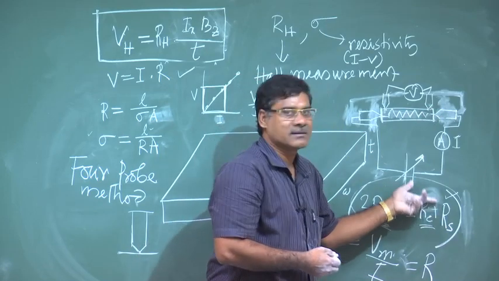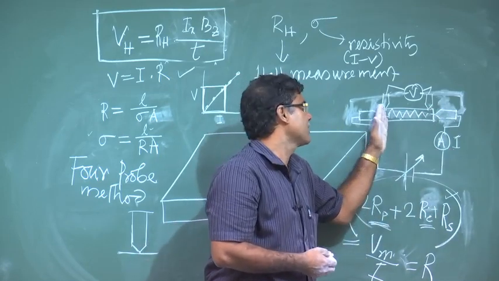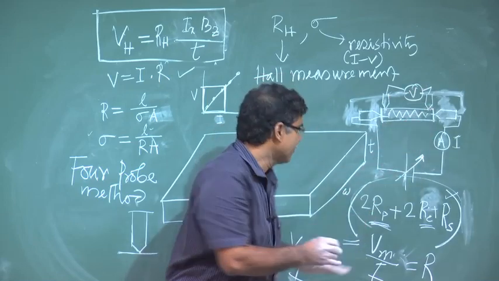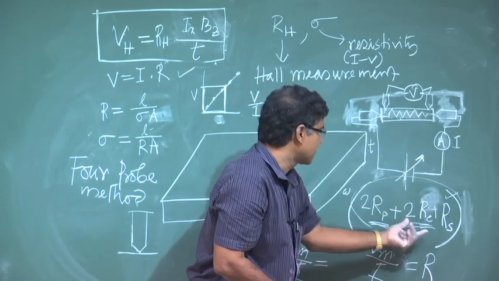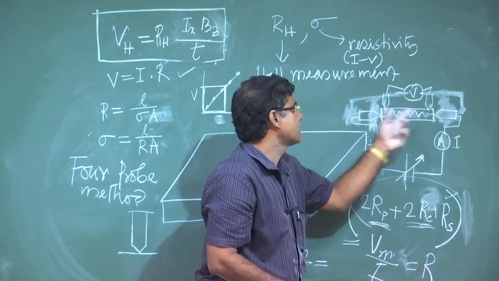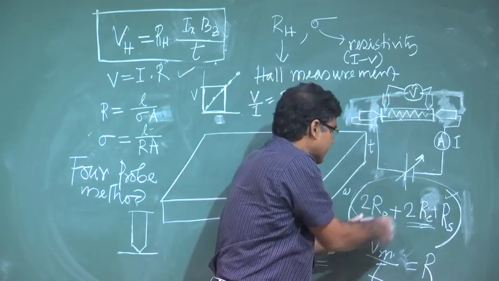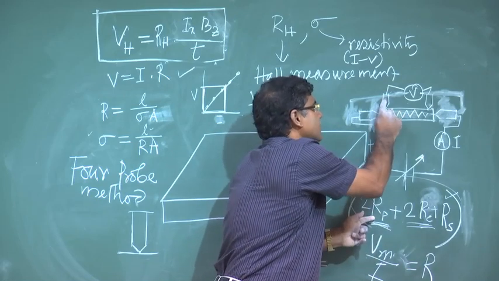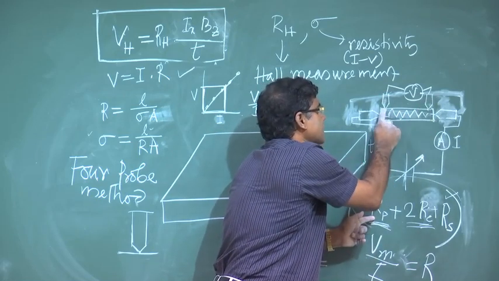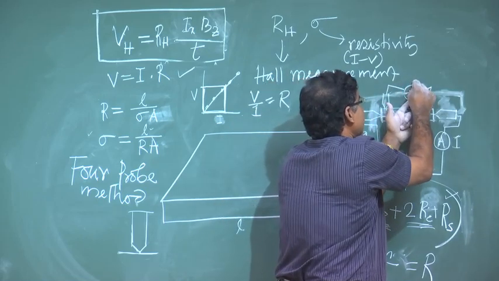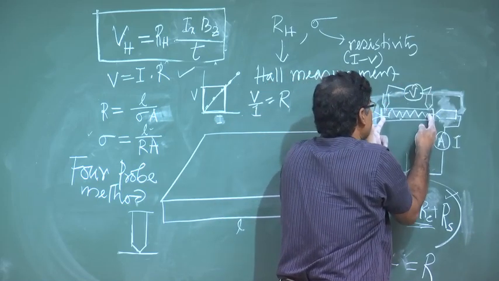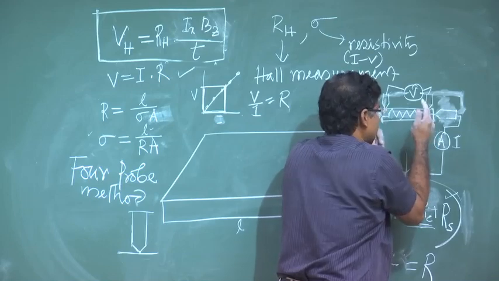Because IR is the voltage drop, and no current is flowing through this, there will not be any voltage drop across this probe resistance, across this contact resistance. Only this voltmeter will give me a reading, that is the voltage drop purely across my sample.